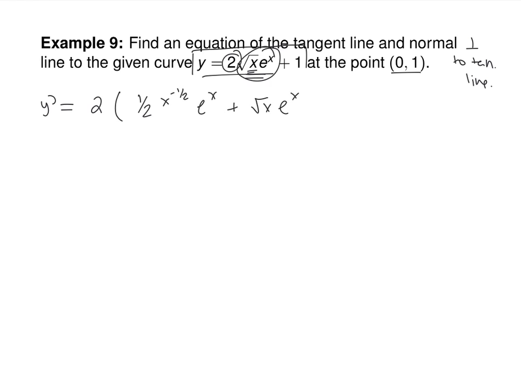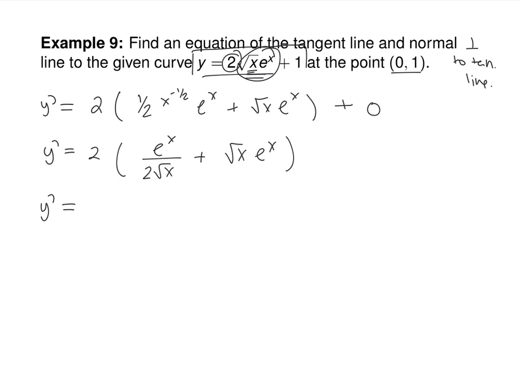And what's the derivative of that 1? 0. So y prime is 2 times e to the x over 2 root x plus root x e to the x, or it's e to the x over root x plus 2 root x e to the x.